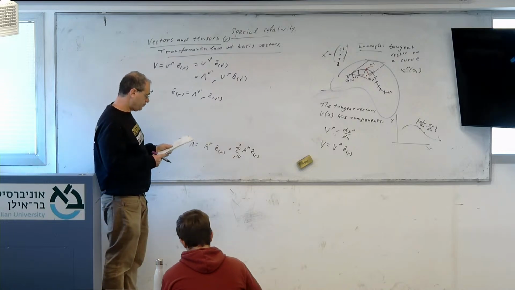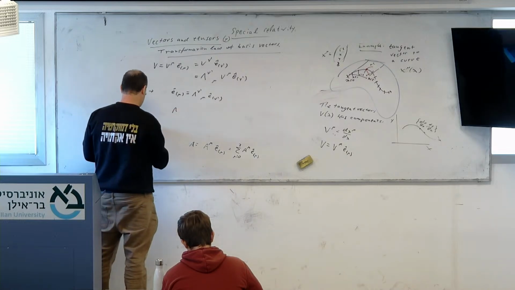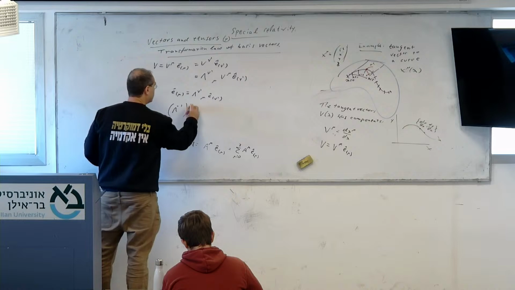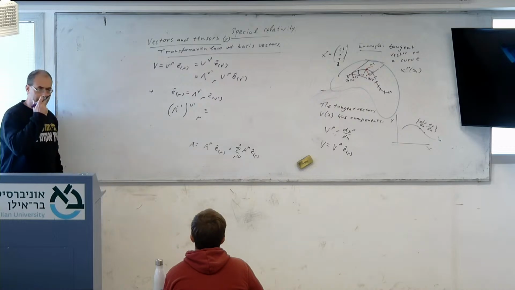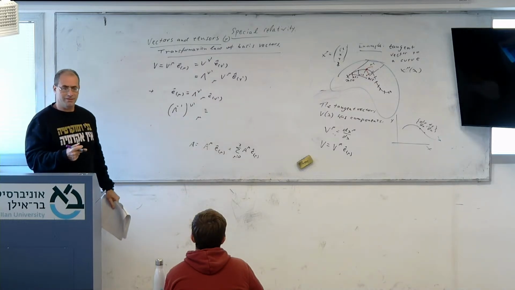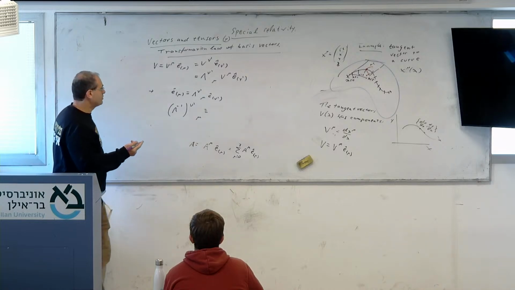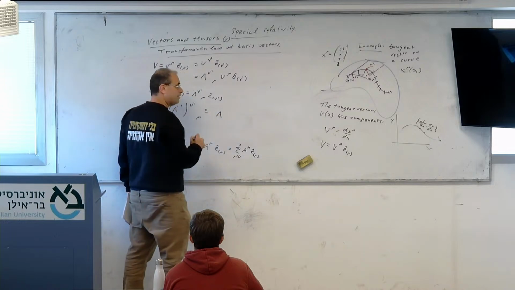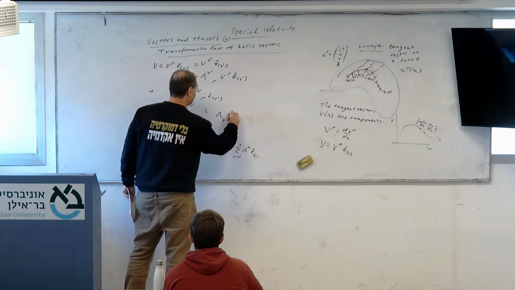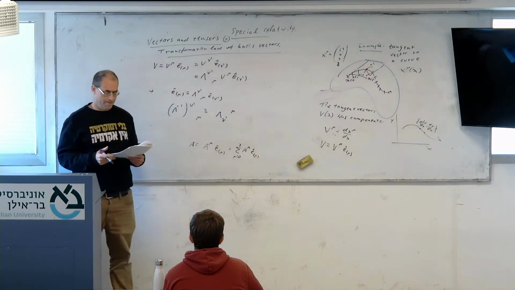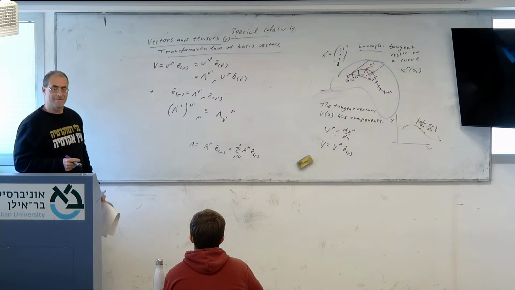So I'm going to use a new notation. So lambda minus 1 u prime. Any idea how I'm going to write it? Since it's a Lorentz transformation by itself, I'm going to write it with the first one as a lower index, and the second as an upper index. It's just a notation.